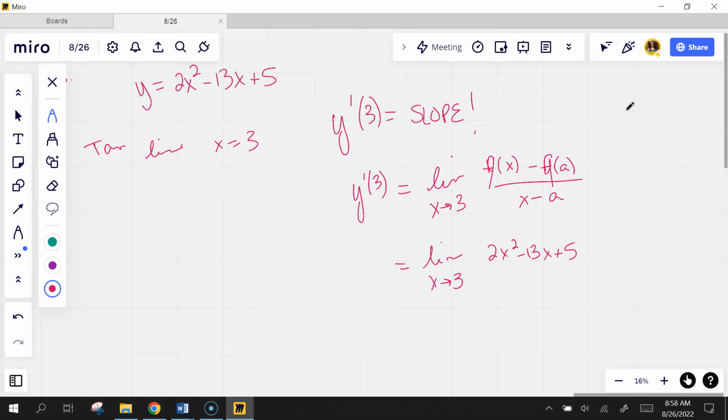So for the alternate, you just do the function minus, plug the value in, and then it's over x minus a. So you do the function minus.